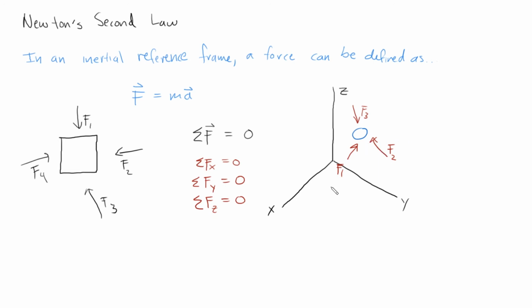However, we will look at rigid bodies in the future and define torque and moments as well. But for now, we're defining that the sum of the forces in statics, the sum of the forces in every direction, x, y, and z, equals 0.